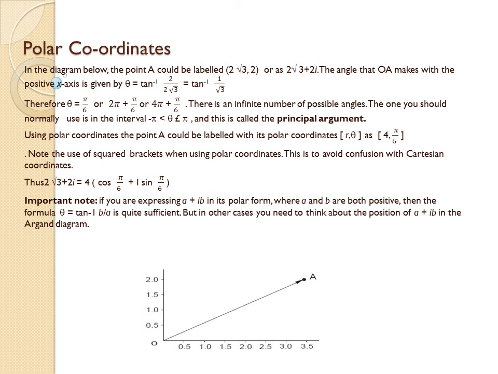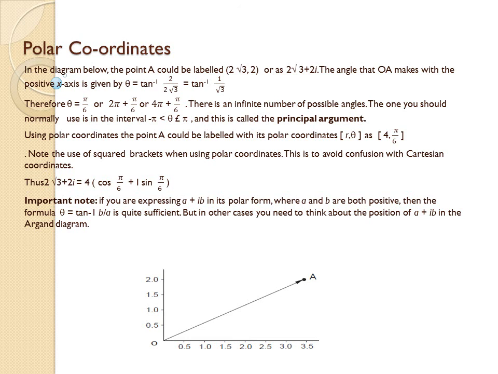So there are an infinite number of possible angles, as in trigonometry, and you will understand this when you go through trigonometry. The one you should normally use is the interval where theta is less than pi and greater than minus pi. This is called the principal argument.